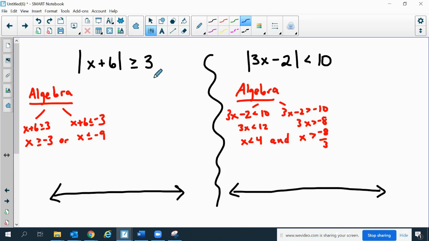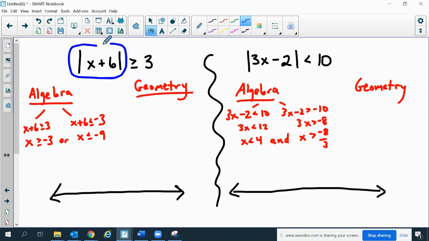And I want to show you that we can also do this from a geometric perspective and get the exact same answer, understanding what's happening with absolute value. So, absolute value we described as a geometric principle of understanding the distance from something.